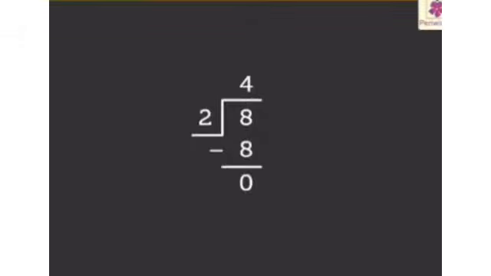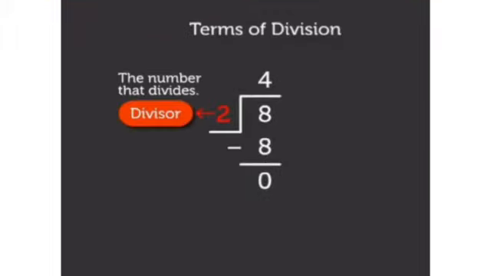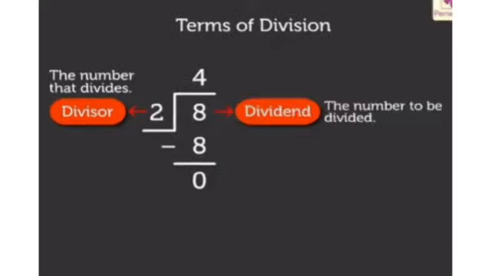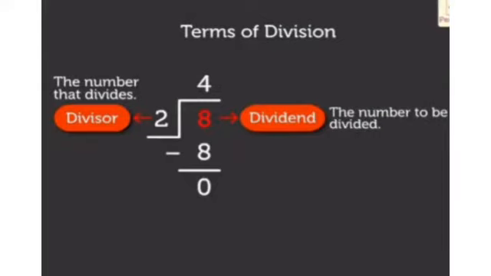And also look at the solved example on division. Let us learn the terms of division. The number that divides is called the divisor, and in this example 2 is the divisor. Next, the number to be divided is called the dividend, and you can see here the number 8 is the dividend.